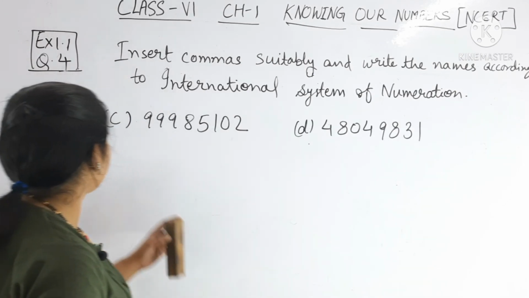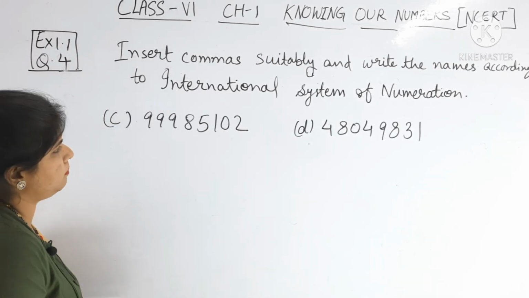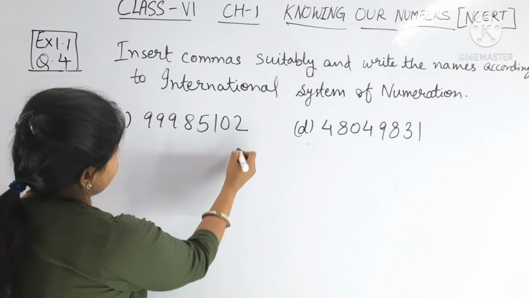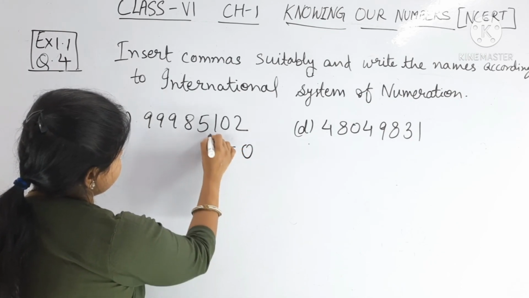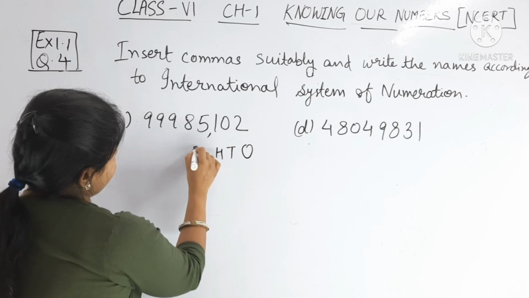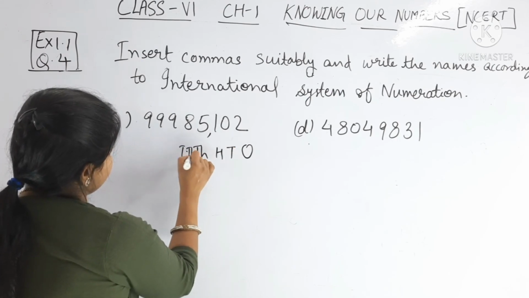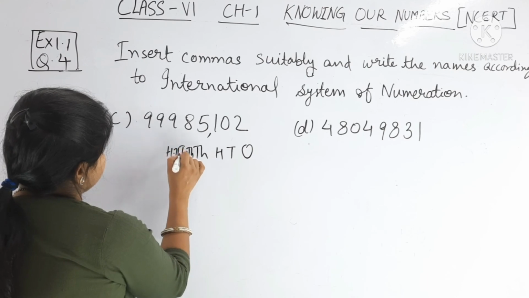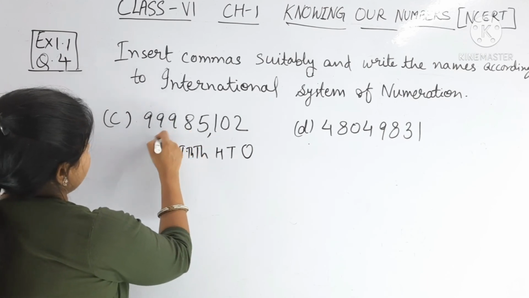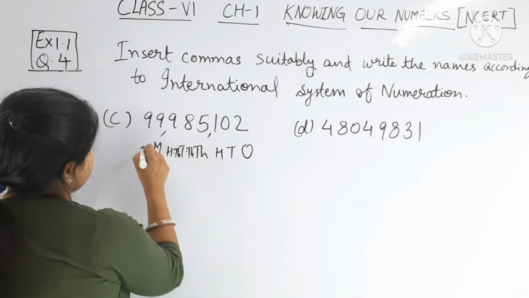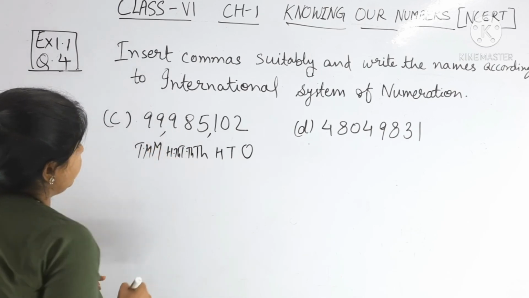Okay students, now let's move to the C part. Okay, so in the international system we are writing ones, tens, hundreds, then comma, and 1000, 10,000, 100,000. Then comma, then millions, 10 million, right?